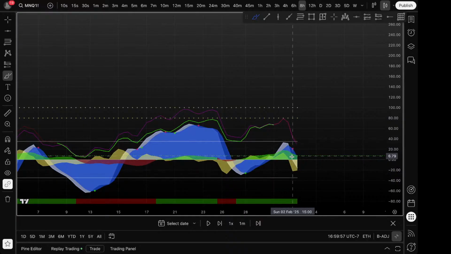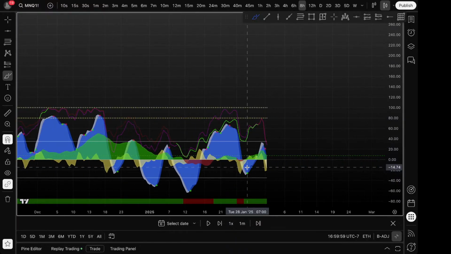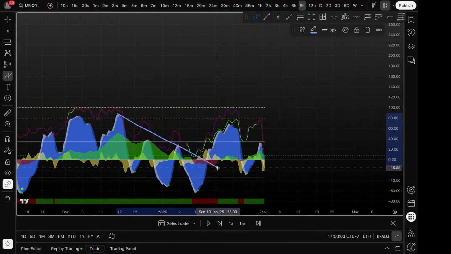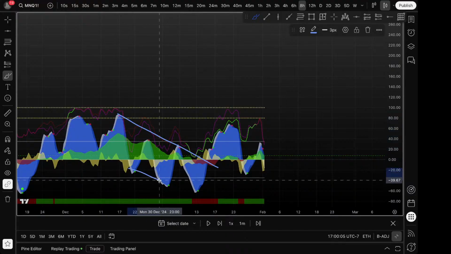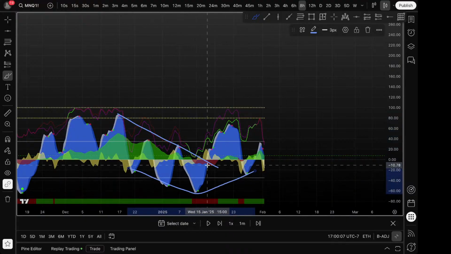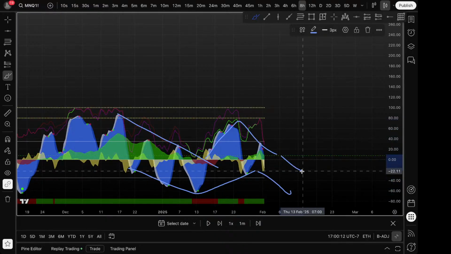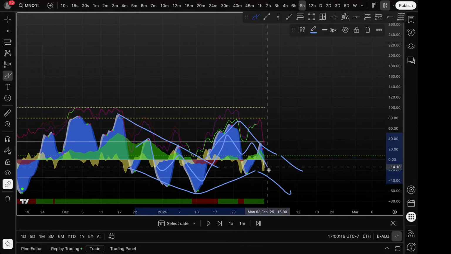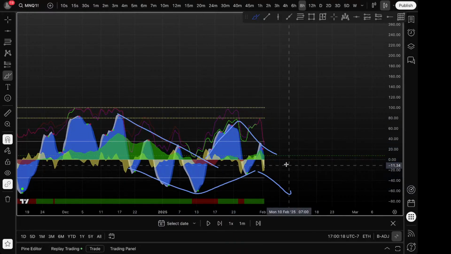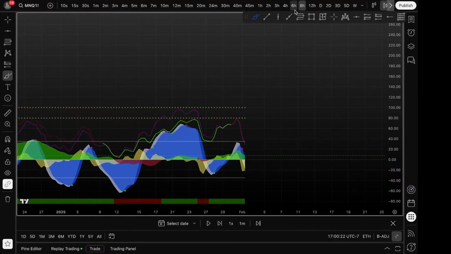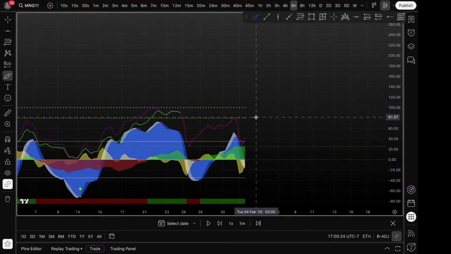I think this bear trend's just getting started. Yeah, so price is just kind of bearish. High time frames looking bearish to me.